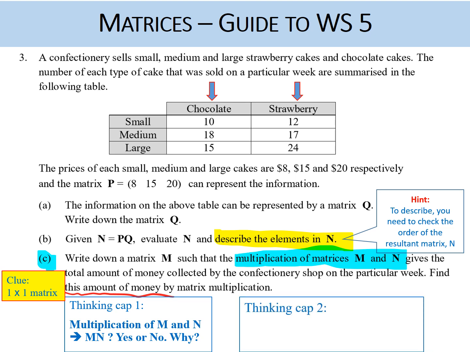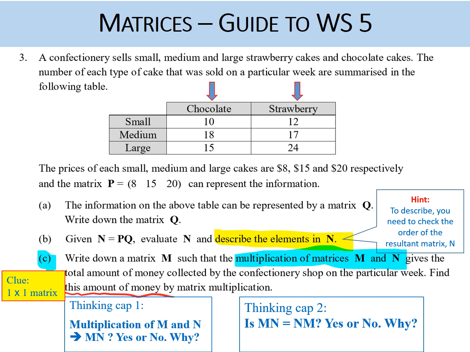Thinking cap 2, for you to think about, you will need to ask yourself, is MN equals to NM? Does it really matter whether M is written in front or behind?